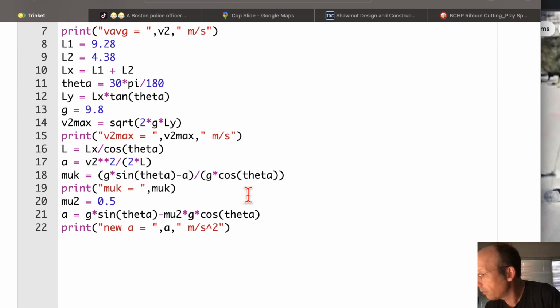Is that right? Okay, well, I'm going to go with it. And then a is V squared over 2L. Okay, well, that's how you do it. I feel like there's still an error, but that's fine. I'll make sure to put a link to the TikTok down below in case you want to play with that. And that's that.